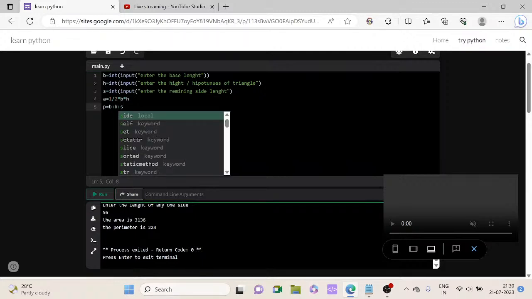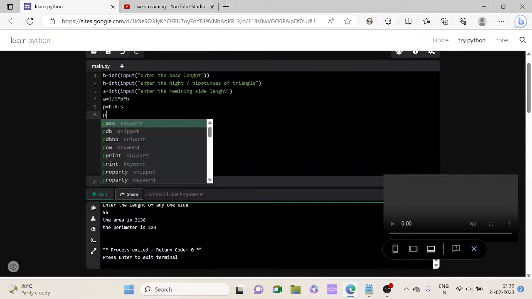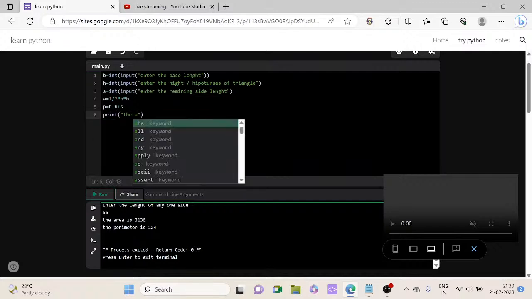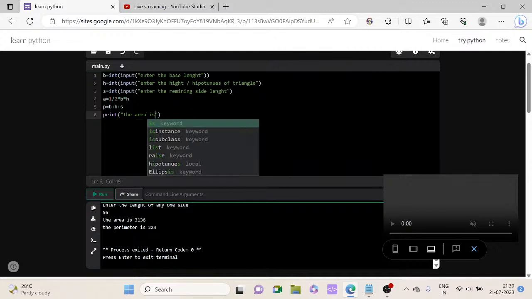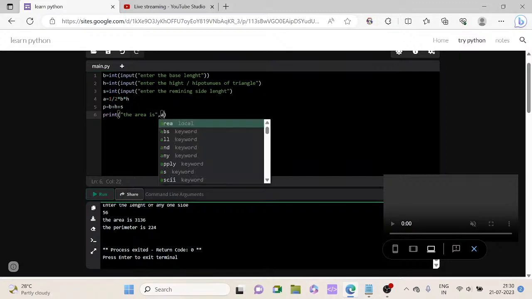Okay, so the next line we'll be typing print, bracket, inverted comma, the area is, and after that a small comma, then a, which is the area. So that's okay.